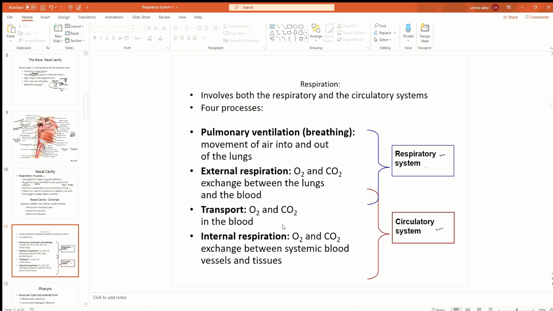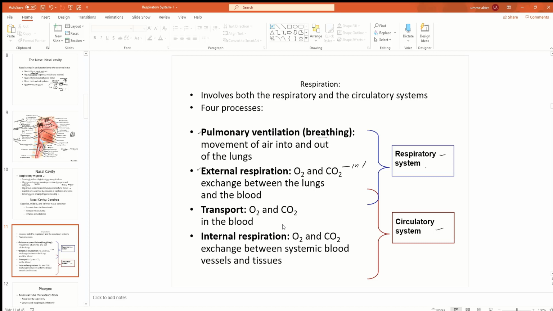The first two processes work in the respiratory system: pulmonary ventilation and external respiration. Pulmonary ventilation is simple breathing, inhalation and exhalation. Okay, taking the air in and pushing it out. So that is pulmonary ventilation. External respiration occurs in the lung.